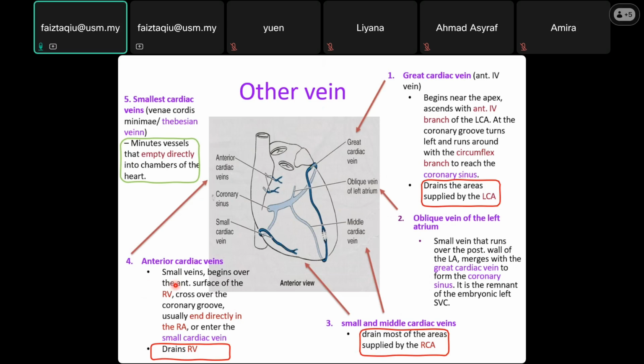So where will this coronary sinus open? Yes, the right atrium. So it subsequently drains to the right atrium, and from there goes on to the lung.